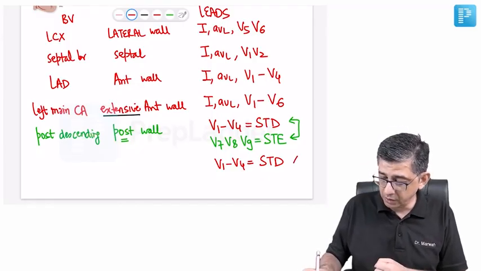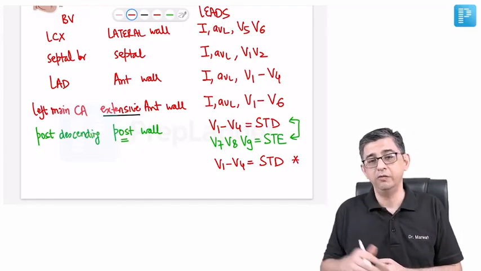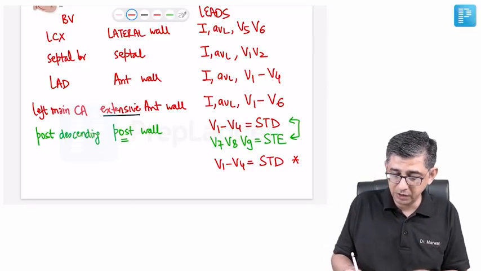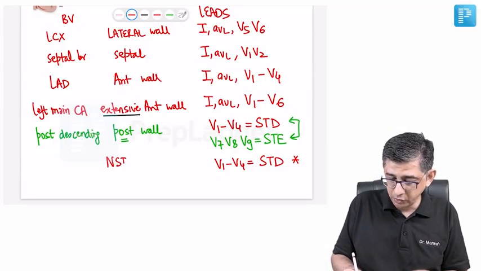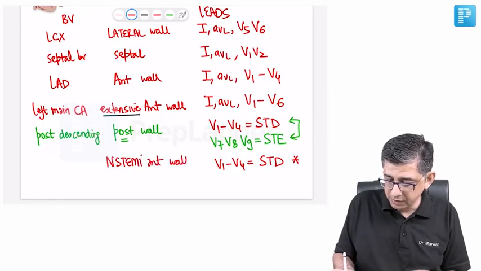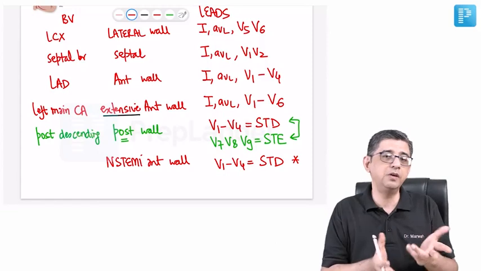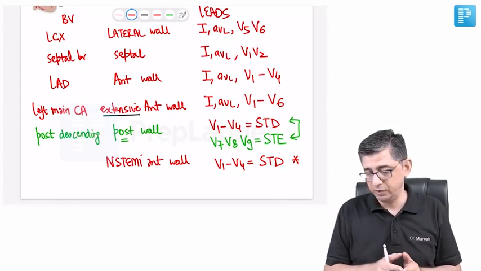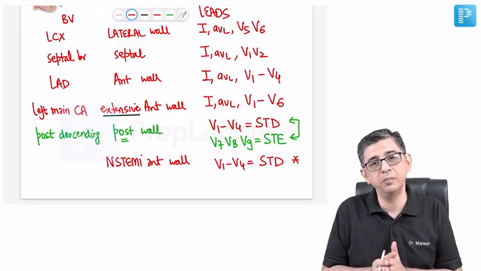If this information is given alone, then your interpretation is that your patient is having a non-ST elevation MI of the anterior wall. Please appreciate the fact that the anterior wall was read by V1 to V4. If there's a ST elevation, I'll write STEMI anterior wall. If there's a ST depression, I will write non-ST elevation MI of the anterior wall.